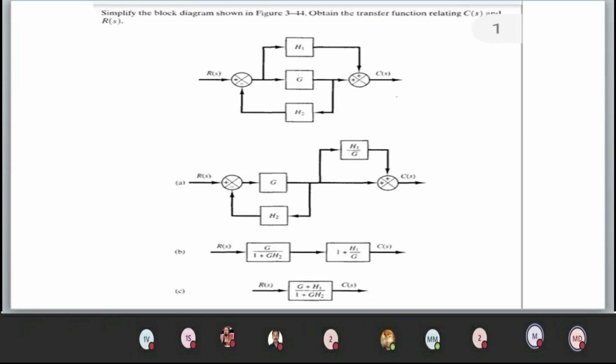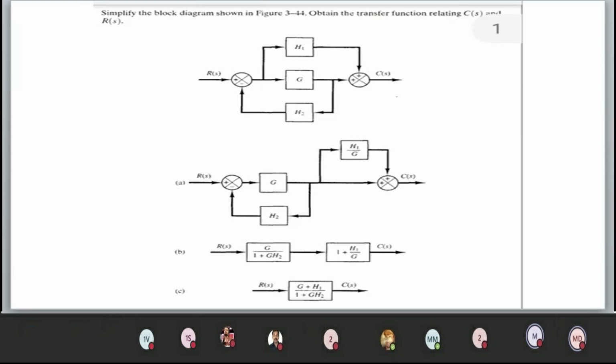So a straight line indicates unity, 1 plus H1 by G. Right. So this is the best example to show you how you can apply the block diagram reduction techniques and successfully convert several blocks into a single block.